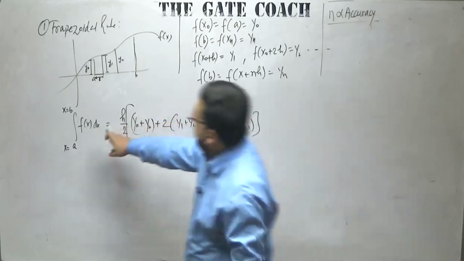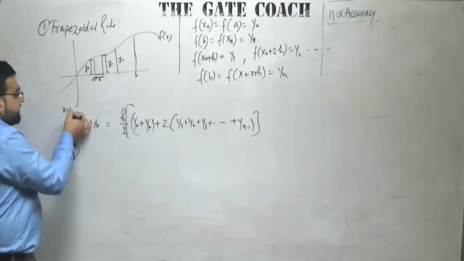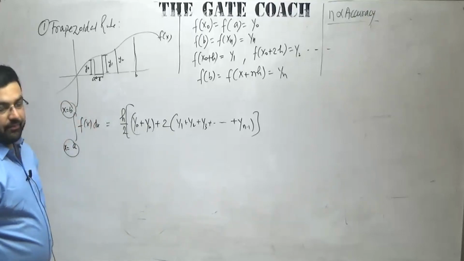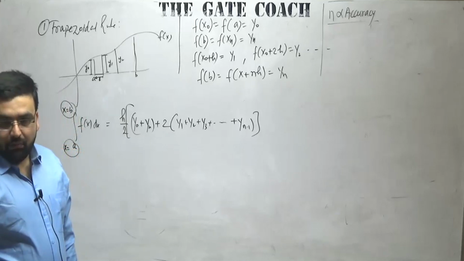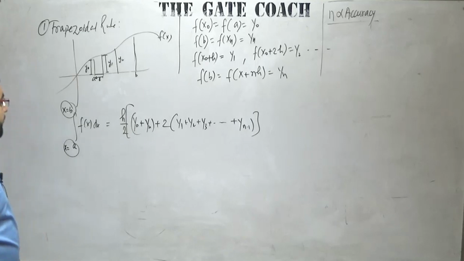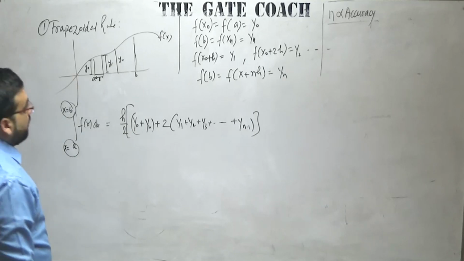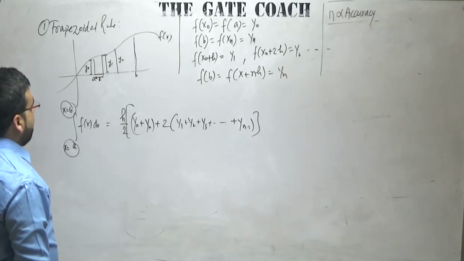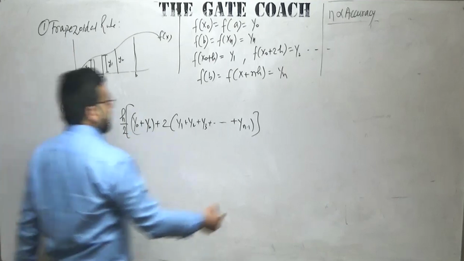It can be a 3rd order polynomial, it can be 5th order, whatever it is. The only thing which matters is this interval. Clear? This is the trapezoidal rule.